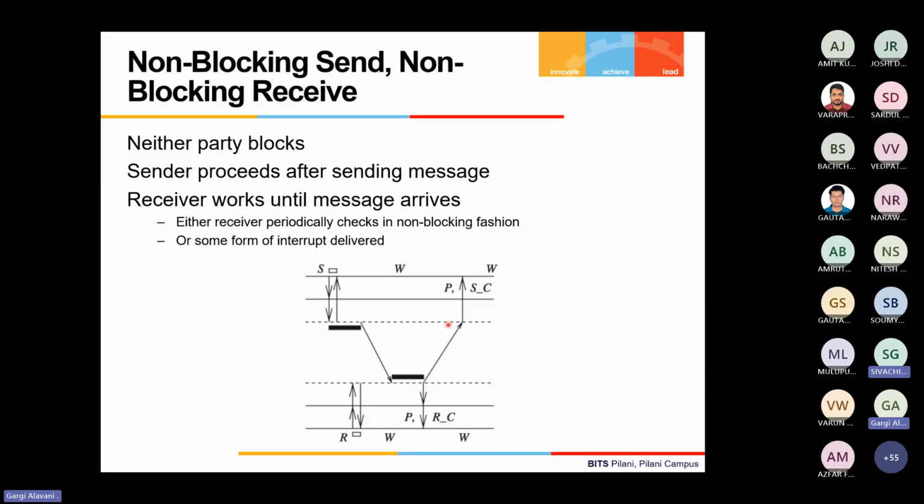Once the message arrives, the receiver will continue working, or use some kind of interrupt so that once it is delivered, it will read the message and then continue working. So both the sender and receiver are not blocked. But depending on what kind of application you are working with, you have to choose which type of synchronization technique works for you.